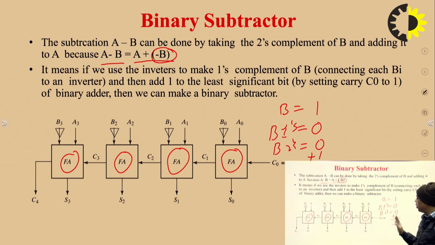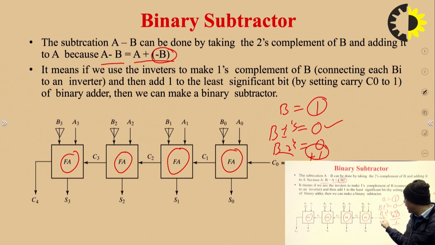So for the second complement of B, first of all we have to perform the NOT operation over whatever the bit is, and then we have to add binary 1. For adding the binary 1, we can use the carry in bit. This is the initial carry in bit.